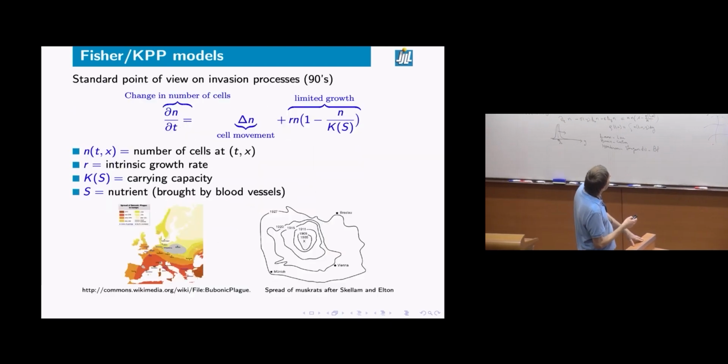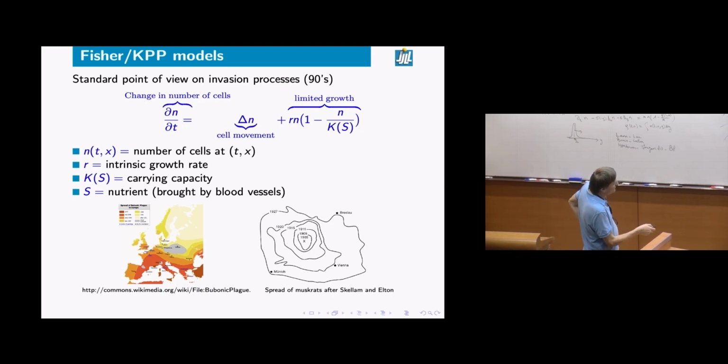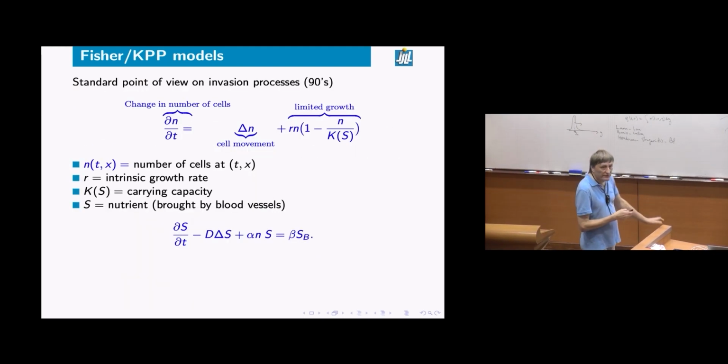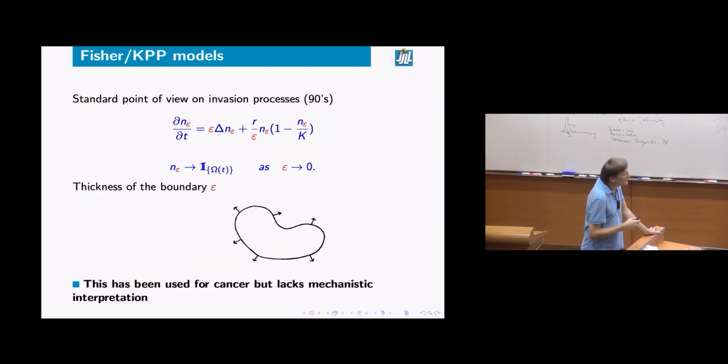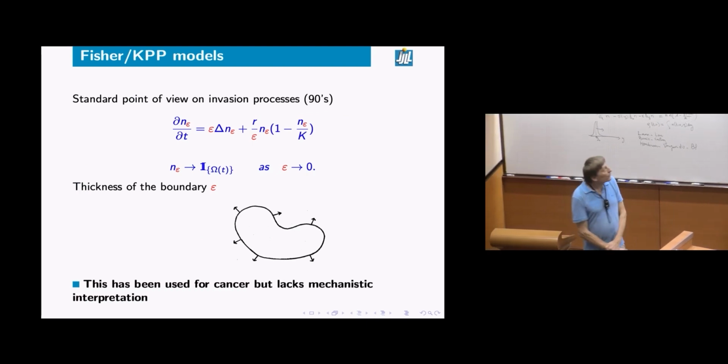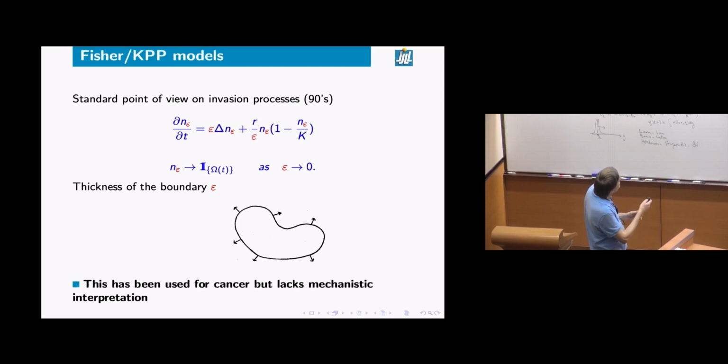So if you go back to this, what you're interested in is the front of propagation of the bubonic plague in the Middle Ages, at the scale of Europe. So what you see is not a traveling wave. What you see is really a front propagating. This you can give a mathematical understanding by doing this rescaling, where you have changed the scale in space and time, and where you have a new equation.